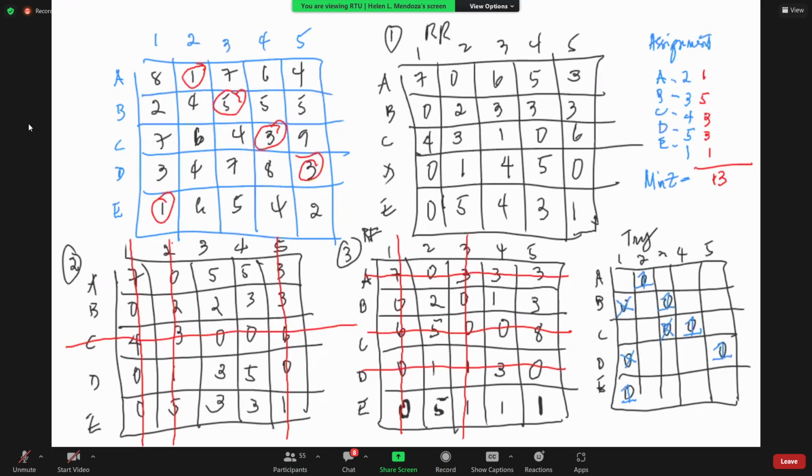So, may tanong ba? May tanong? Wala na. O isa na lang na example. Maximization. Paano ngayon kung ang gagawin mo ay mag-maximize? Para bang sinasabi, paano mo i-rationalize yung maximization?